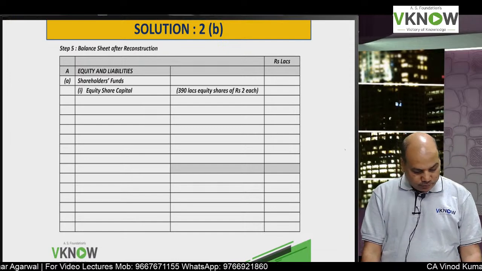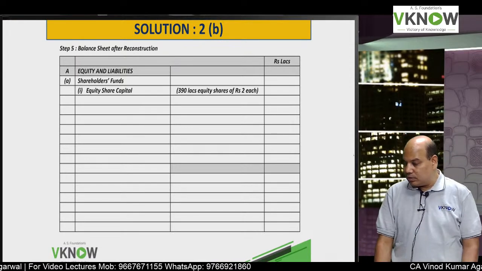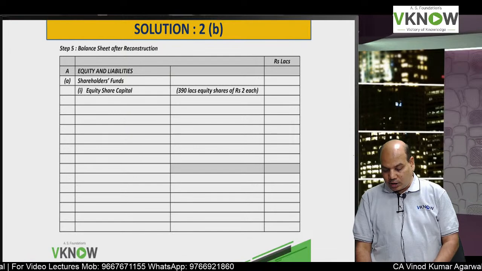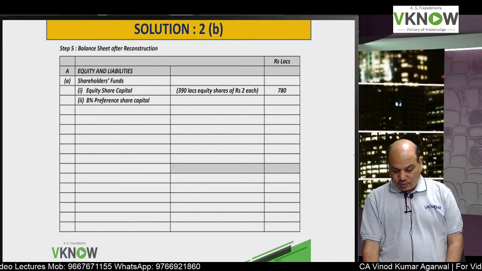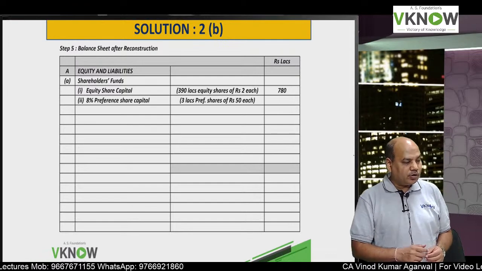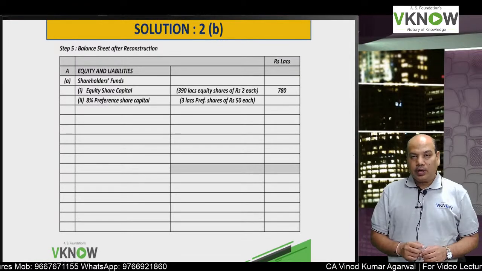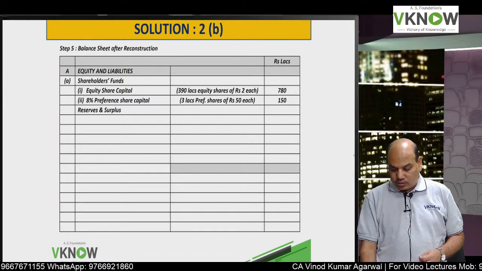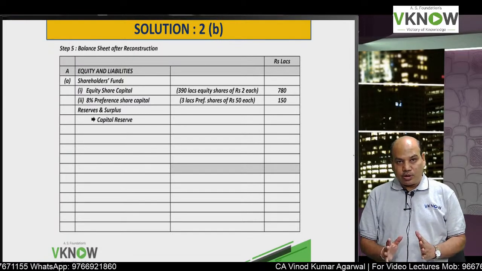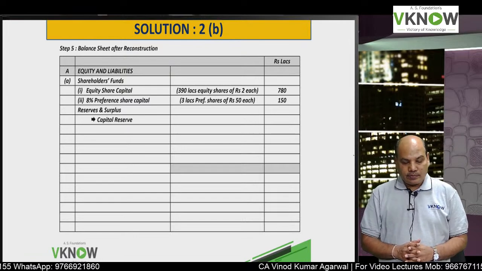Shareholder fund, equity share capital, 390 lakh equity share of rupees 2 each, 780. 8% preference share capital, 3 lakh preference share of 50 each, 150. Then write down below that reserve and surplus.